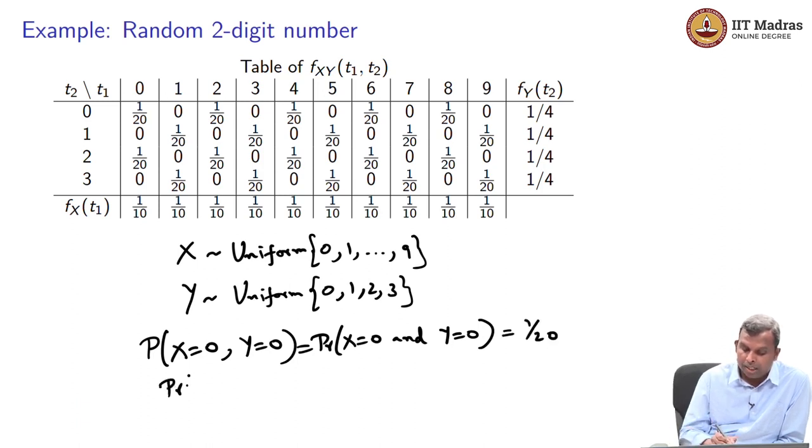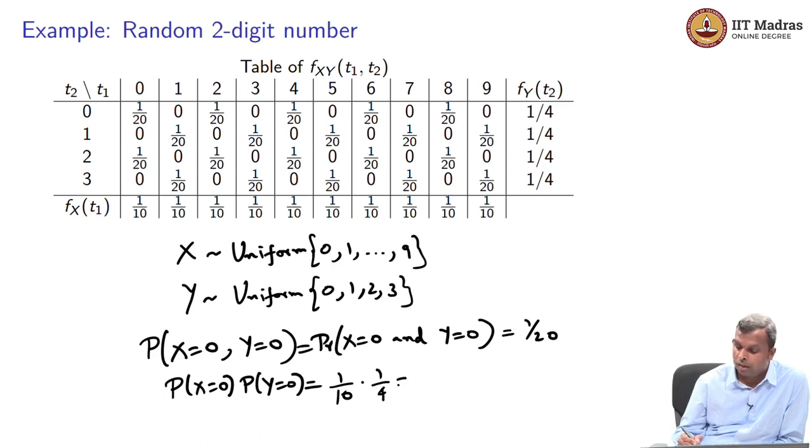Now, what is the probability that x equals 0 times the probability that y equals 0? So, the probability that x equals 0 is 1 by 10, isn't it? The probability that y equals 0 is 1 by 4, isn't it? So, you get 1 by 40. Okay. So, these two you see are not equal.